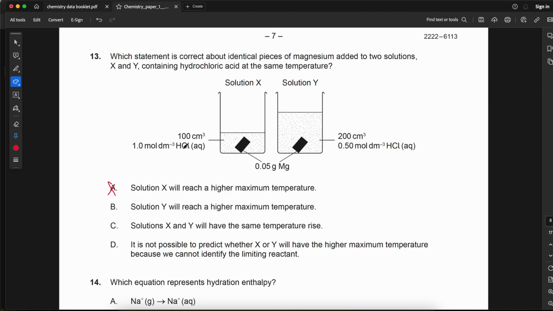Solution X has a higher concentration compared to solution Y, which means a faster reaction as there are more reactant particles in solution X to collide with Mg. But solution Y has a larger volume, making more space for the heat to dissipate, potentially lowering the maximum temperature reached. Therefore, solution X will reach a higher maximum temperature.